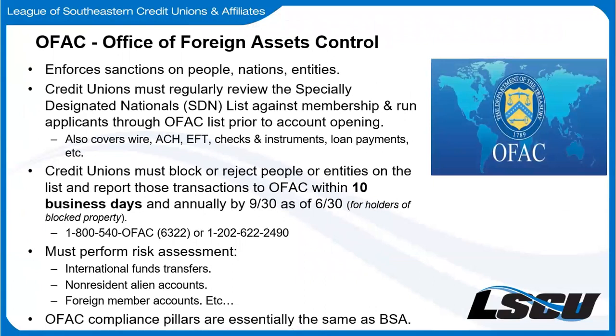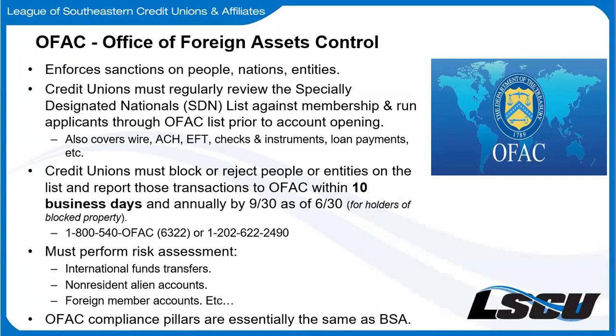We also have OFAC, which is the Office of Foreign Asset Control. OFAC is responsible for enforcing sanctions on people, nations, and entities. The application this has for credit unions is that credit unions must regularly review the specially designated nationals list against your membership and run applicants through OFAC prior to account opening, as well as wire, ACH, EFT, loan payments, and other items as well.